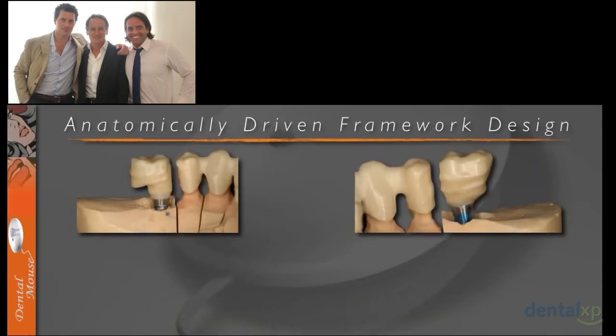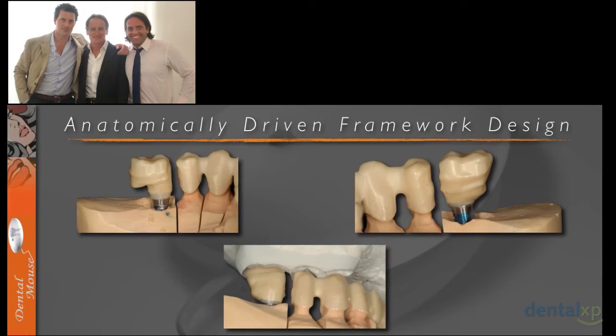On top of this, he's going to build the framework. Right now the literature and his background knowledge suggest it is better to use zirconia, with an anatomically driven framework design. This can be done thanks to Luca and digital dentistry, but also thanks to all the information we collected before from the prosthodontic project.